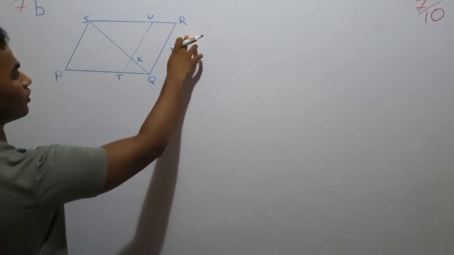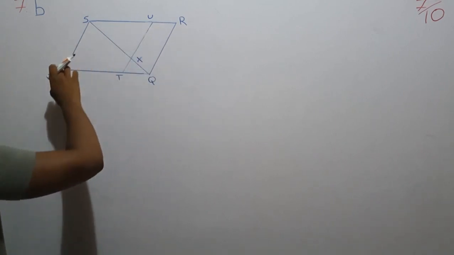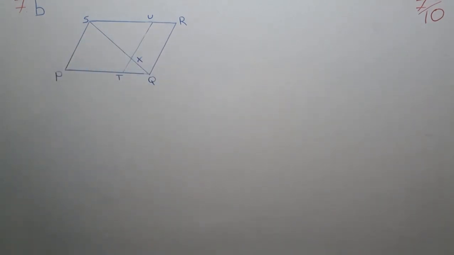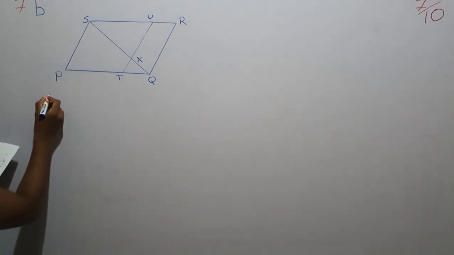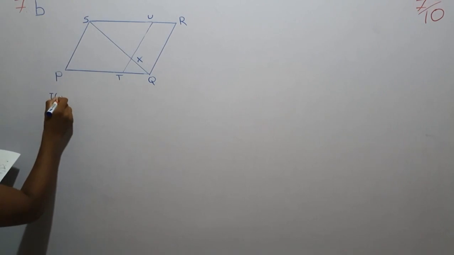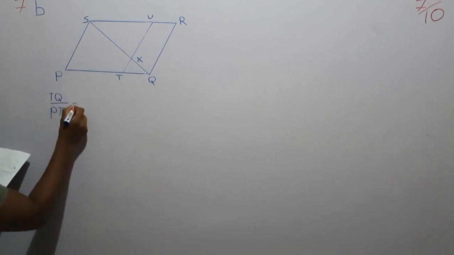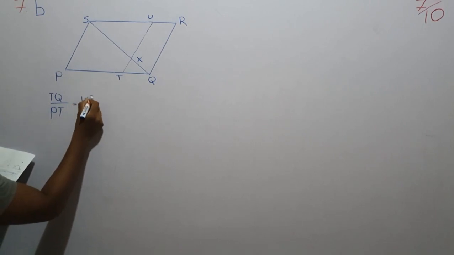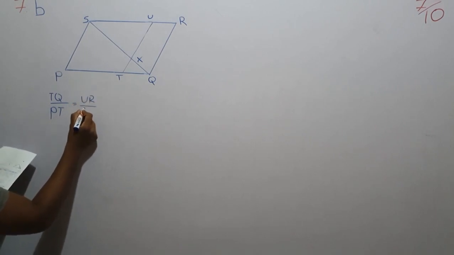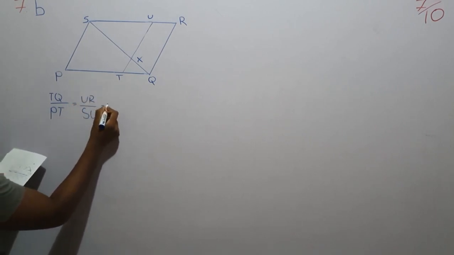So we know that TU is also parallel to PS. So they have another relationship as TQ divided by PT is equal to UR divided by SU, which is half.